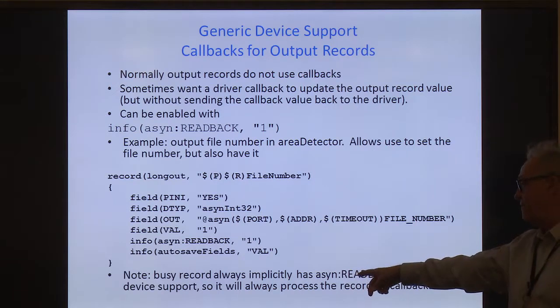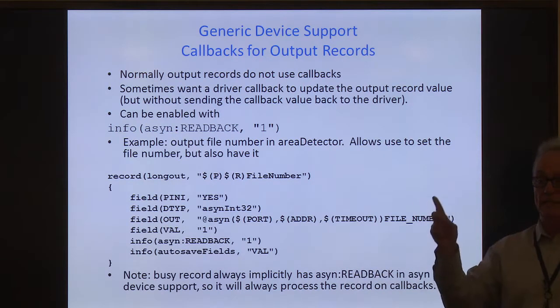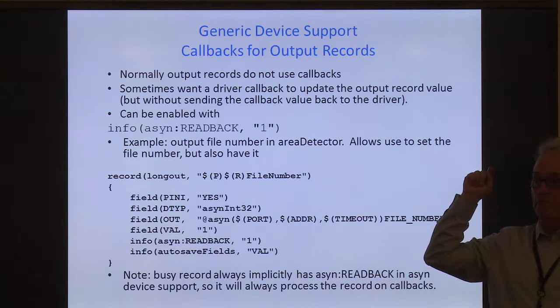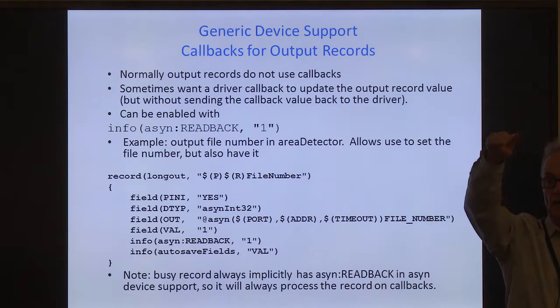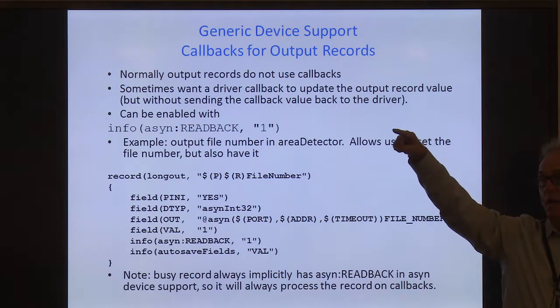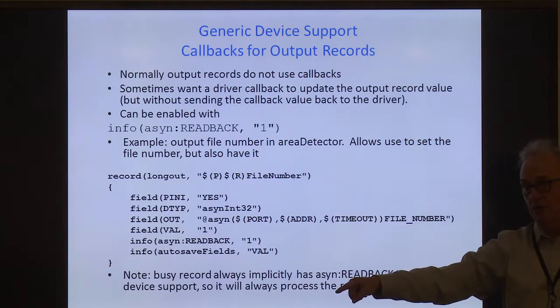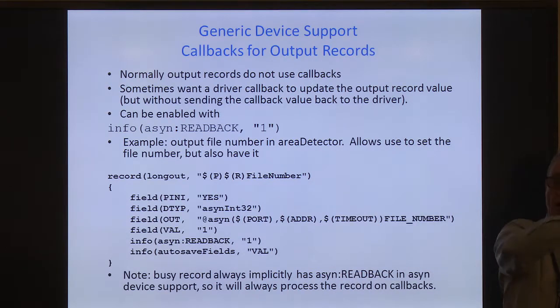So that's a way of having your device, let's say a detector, where the acquire PV, start, is a busy record. You write 1, and it goes 1, and only when it goes back to 0 will your client get a callback saying this operation is complete.